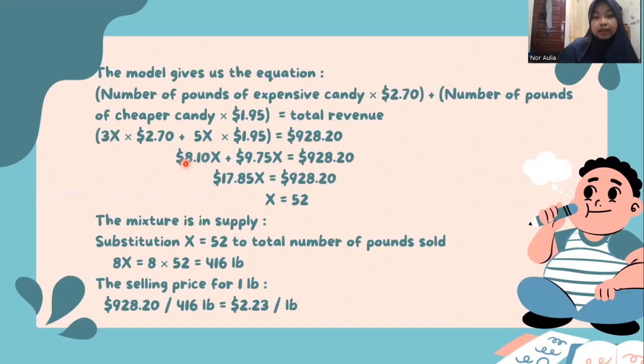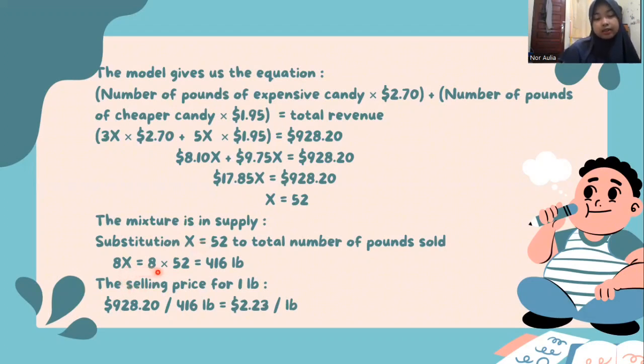So $8.10x plus $9.75x equals $928.20. $17.85x equals $928.20. So the value of x equals 52. Next, simply substitute x equals 52 into the total number of pounds sold.